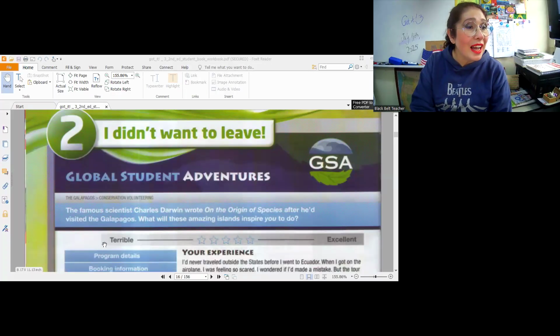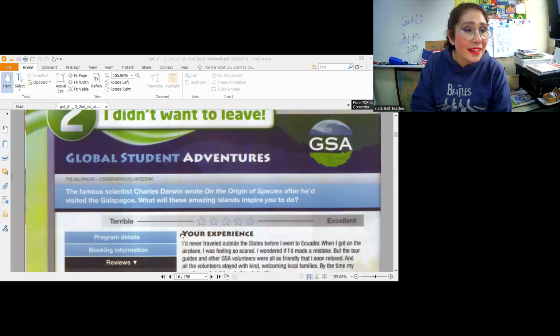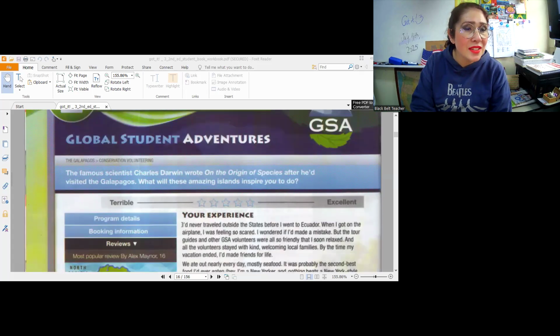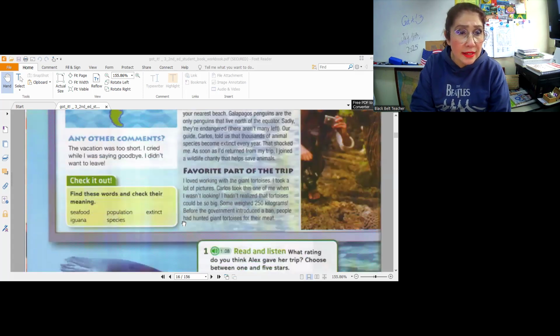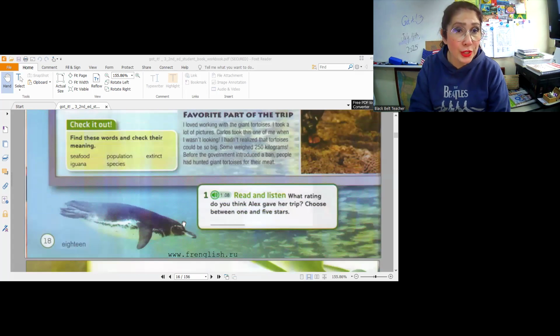Let me share the reading. Okay, so here we are. I started numbering from this line: I'd never traveled outside. So 1, 2, 3, 4, that added up to 32 lines.